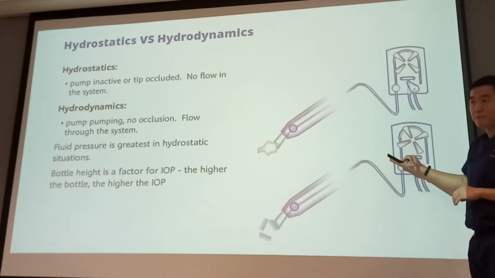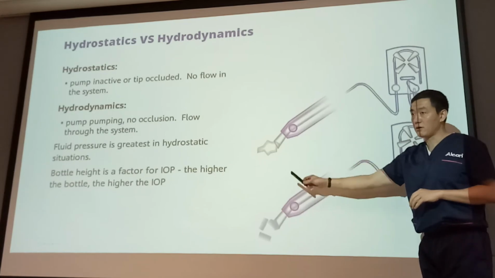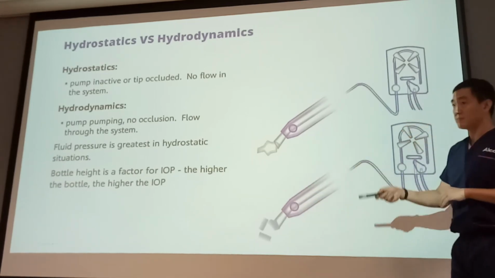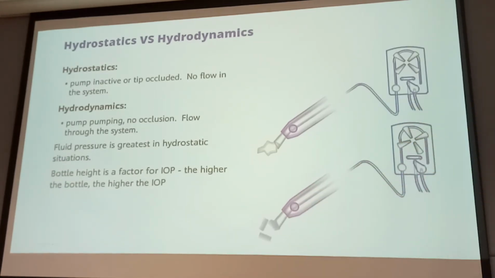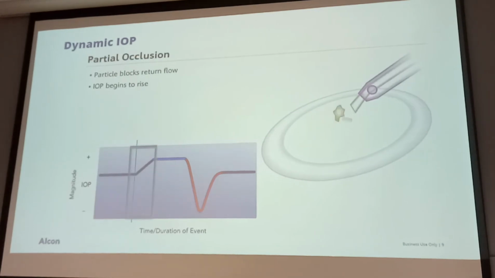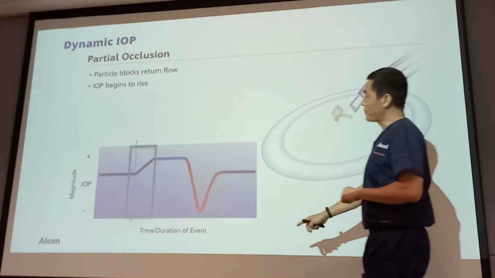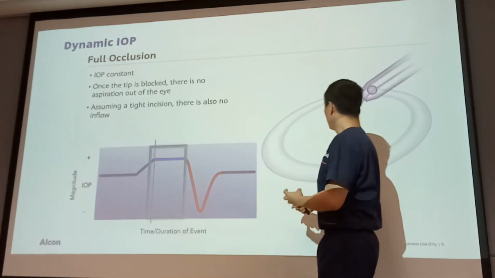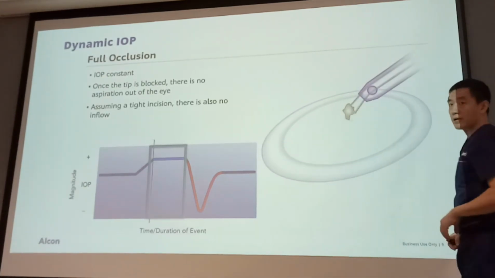And there's also another balance. When the nucleus is not coming, the pump system is rotating and keeps going. So these are two balances. Between these two balances, we can see the AC chamber changes because of that. So this is step number 1 and step number 2. The IOP increased because the nucleus occluded here.